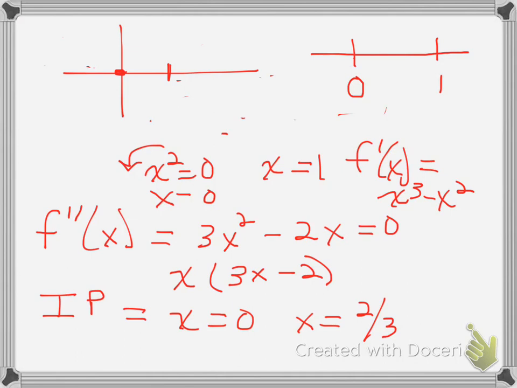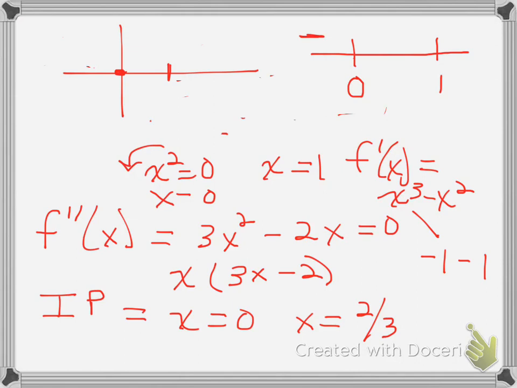If I put a negative into x cubed, I get negative 1, minus, if I put a negative 1 in x squared, I still get 1. So negative 1 minus 1 is going to be a negative number. That means to the left of 0, the slope is negative.